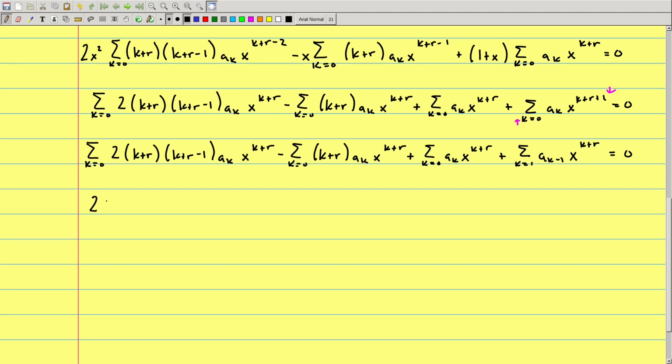So we're going to get 2 times r minus 1, a_0, x to the r, minus r a_0 x to the r, plus a_0 x to the r, and that's going to leave me with k equals 1.